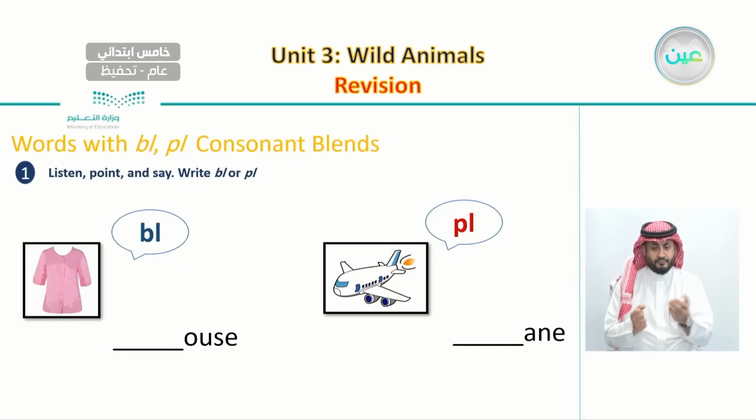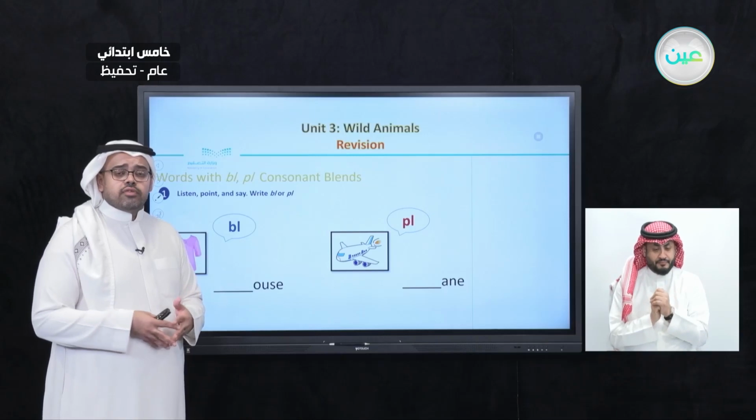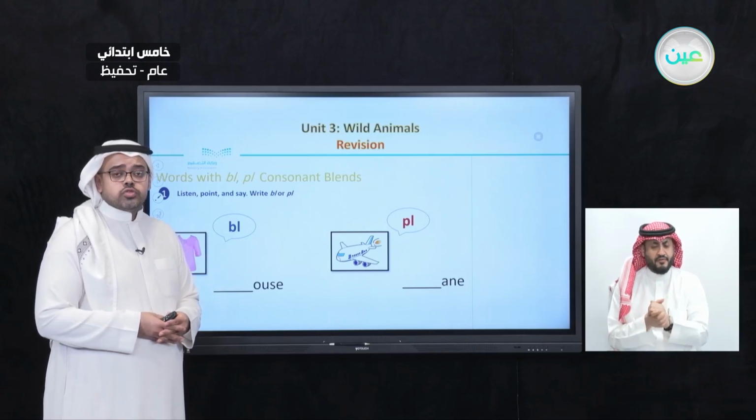Quick revision on our last lesson. In our last lesson, we did learn a couple of words that have two different sounds. The first one, words that start with the BL sound, and the other words that start with the PL sound. We gave examples of these two sounds.